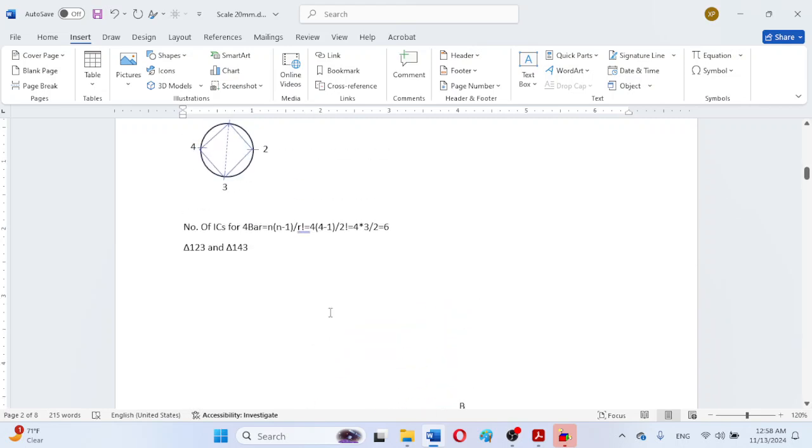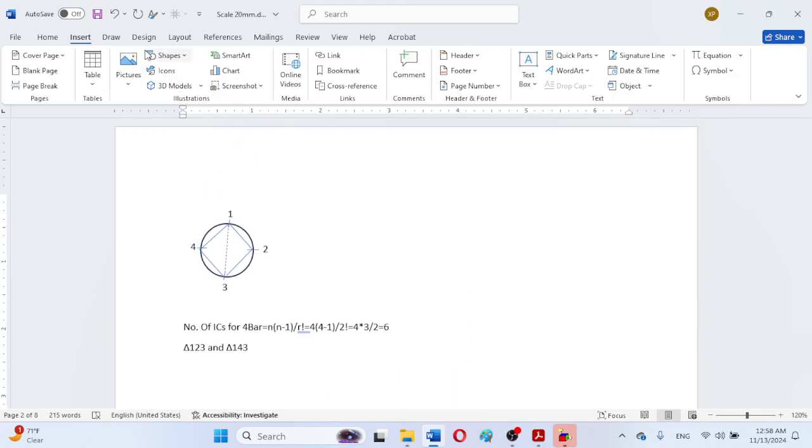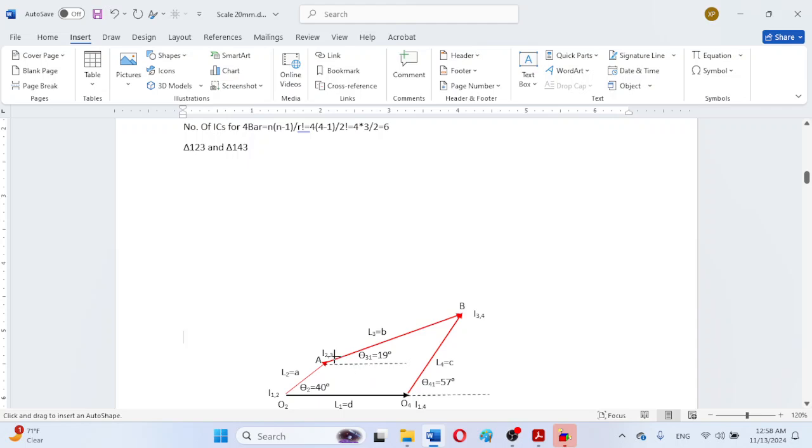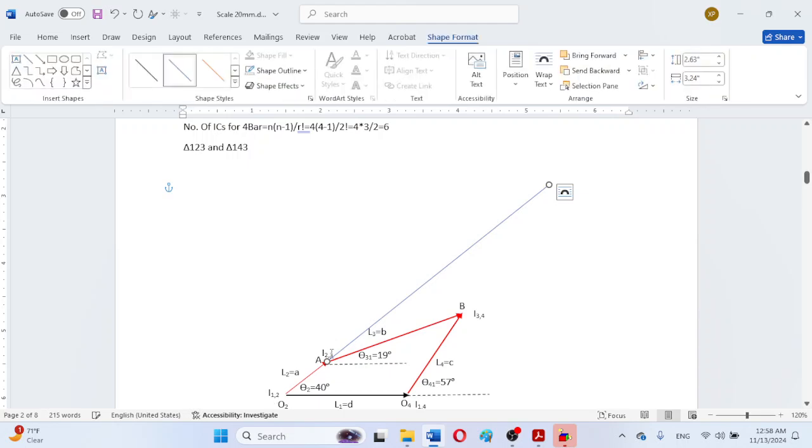So what we will be doing is using a simple straight line that will be collinear with the line connecting instant center 1 comma 2 and 2 comma 3.